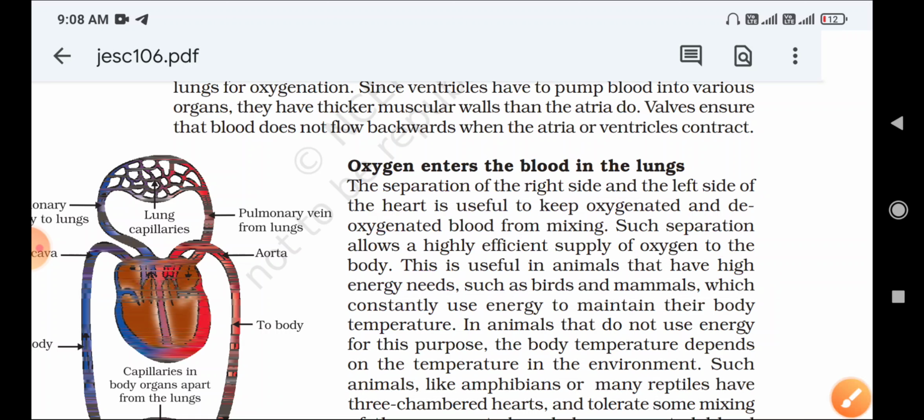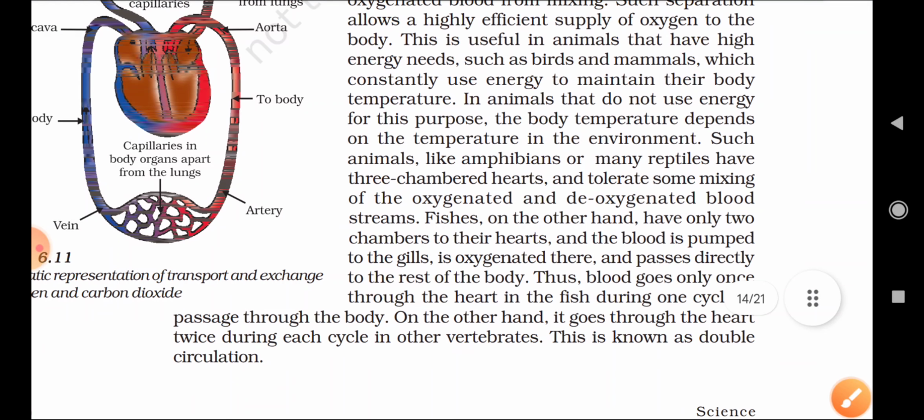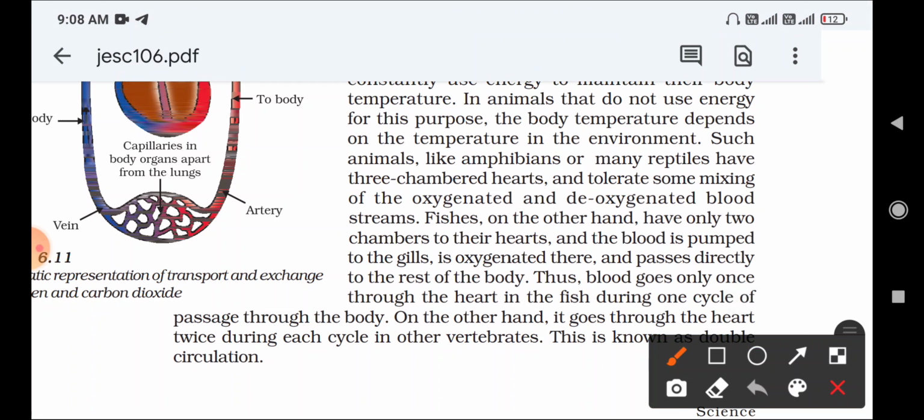Some animals in nature can tolerate the mixing of carbon dioxide and oxygen. Animals like mammals and birds will not tolerate the mixing of carbon dioxide and oxygen, because they need to control their body temperature continuously. Some animals can tolerate a minimum amount of mixing of carbon dioxide blood and oxygenated blood.